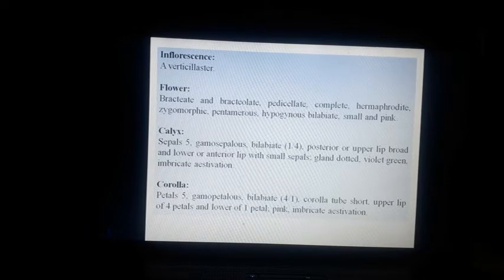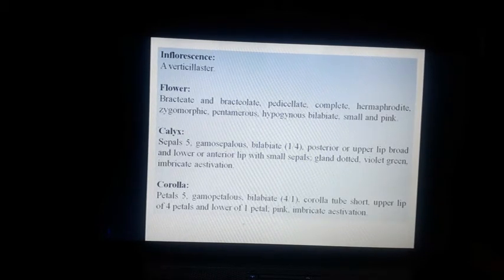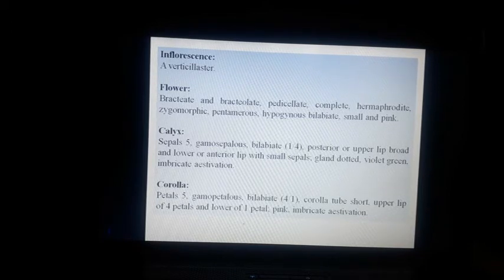So first of all, we will discuss the calyx, which is commonly known as sepals. These are present in number 5. Gamosepalous means all are fused together. Bilabiate means 2 lips are formed. First 1 by 4 means the upper lip is broad and 1, and the lower lip possesses the fusion of the 4 small sepals.